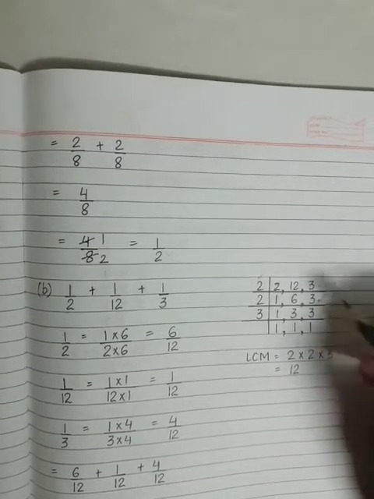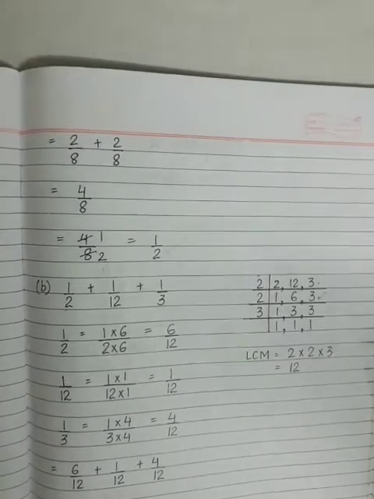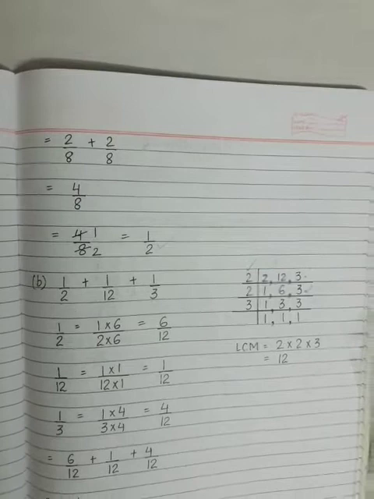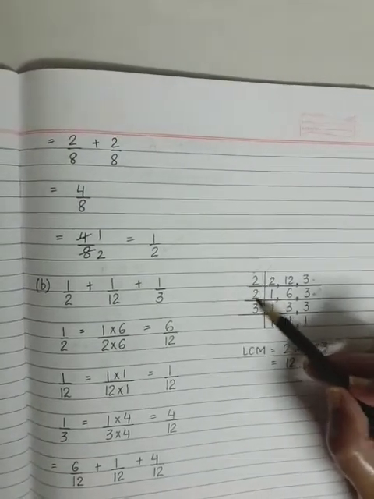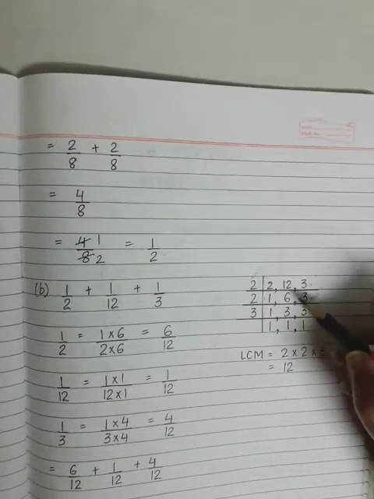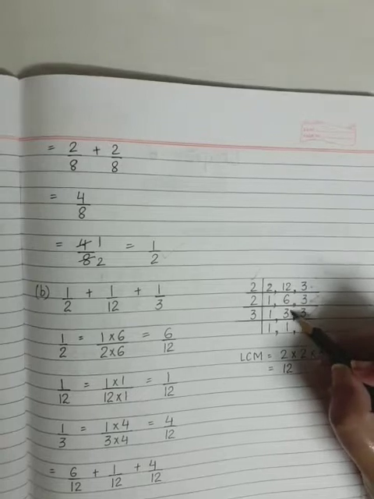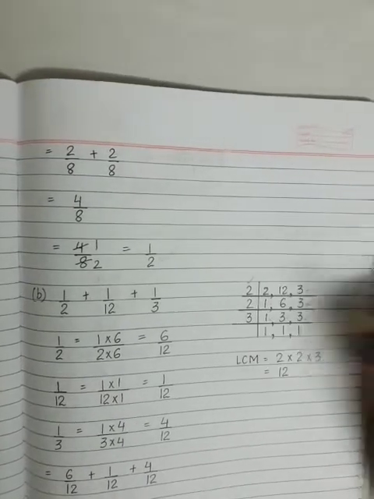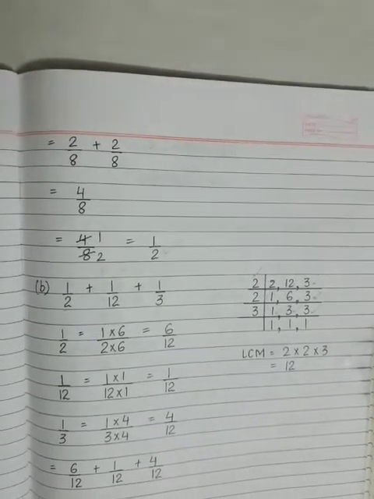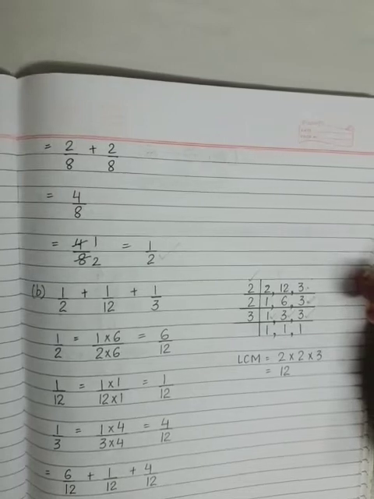Okay. Now, see, again I told you that even if at least one number is getting divided by the smallest prime number, we will do that first. So, again we write 2 here, this 3 comes down as it is, 6 divided by 2 gives us 3, and this 1 also comes down as it is. Okay. Now, what is the next number which comes after 2? 3 comes after 2, right.